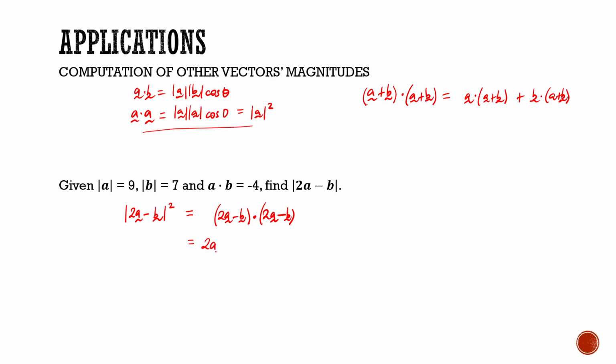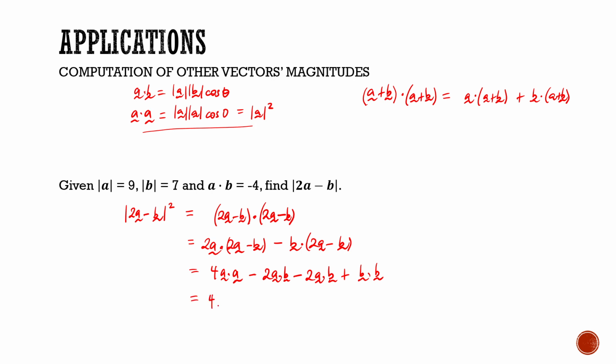We can distribute this, so this would be 2a dotted with 2a minus b dotted with 2a minus b. This is going to be 4a dot a minus 2a dot b minus 2a dot b plus b dot b.